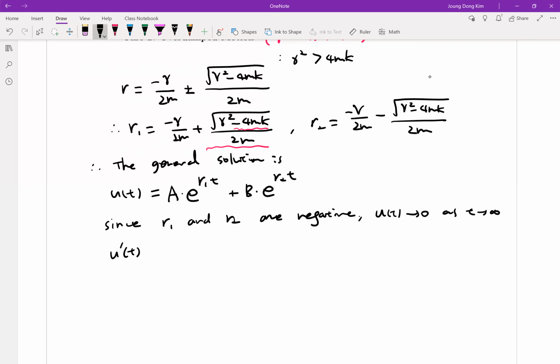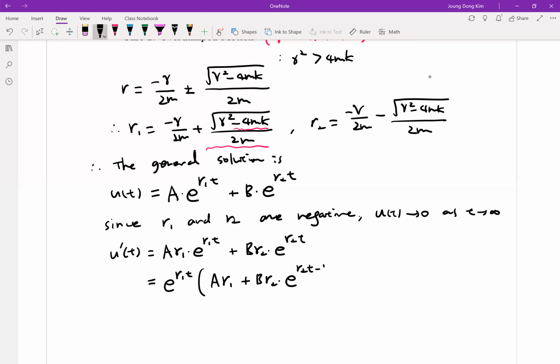Take the derivative of your solution curve, and that is equal to A r1 e to the r1t plus B r2 e to the r2t. When I factor e to the r1t out, this can be written as e to the r1t times (A r1 plus B r2 times e to the (r2 minus r1)t).